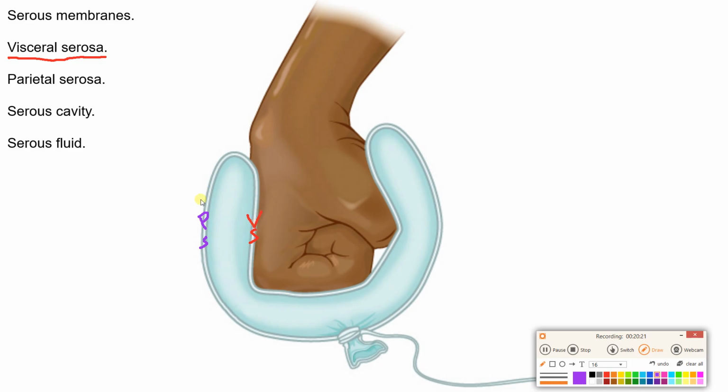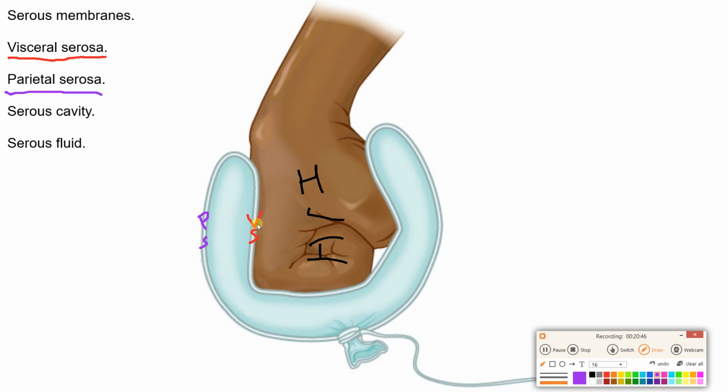So we got two membranes surrounding our organ. Remember, this organ could be the heart. It could be the lungs. It could be the intestines, stomach, whatever, okay? So the organ is surrounded by two serous membranes.